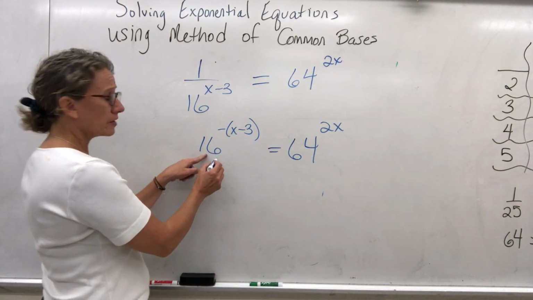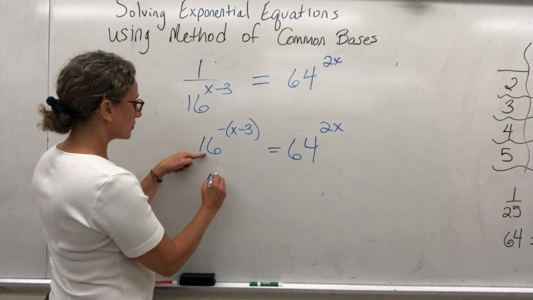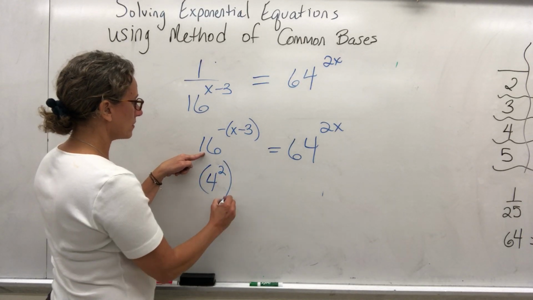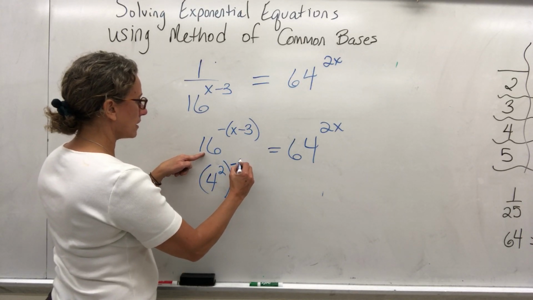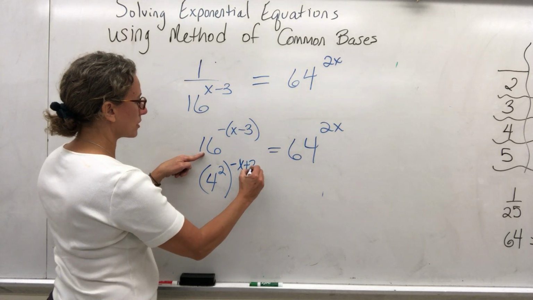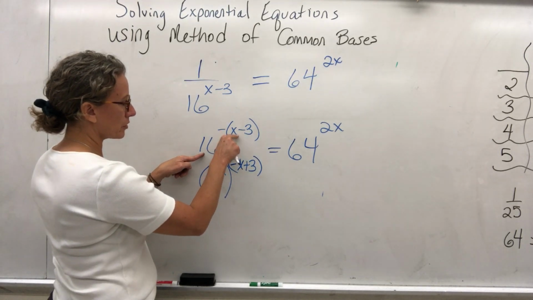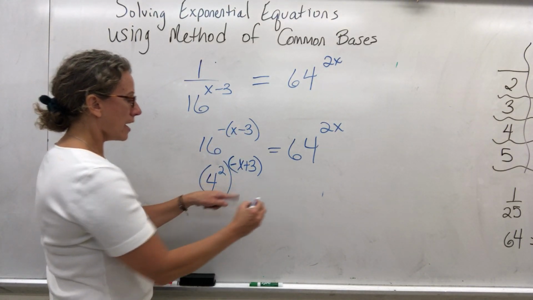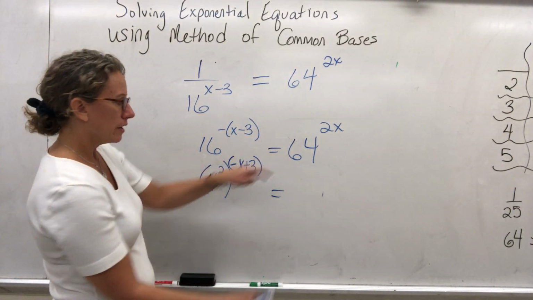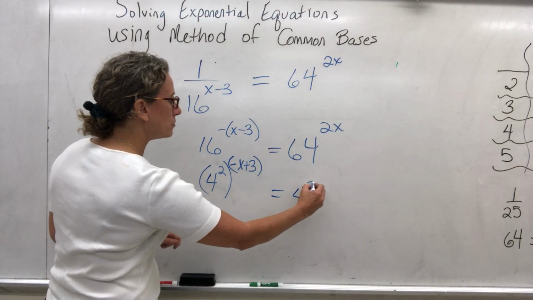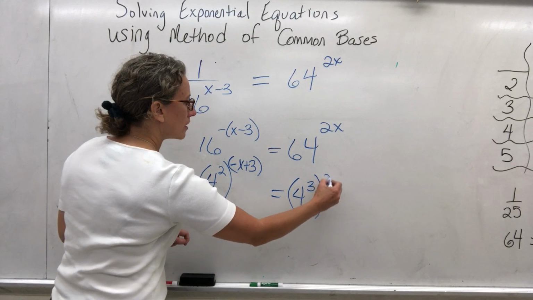Well, 16 is 4 squared. So I'm going to rewrite that as 4 squared raised to the negative x plus 3, distributing that negative in there. And 64 is 4 cubed raised to the 2x.